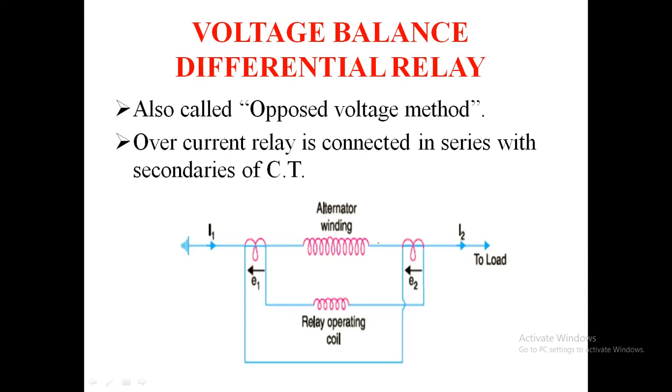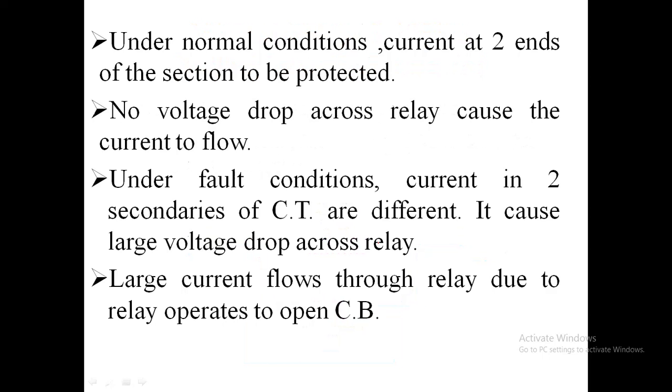Coming to the voltage balance differential relay, it is also called the opposed voltage method. It is connected in series with the secondaries of the current transformers, which are connected at either end of the element to be protected by pilot wires. The secondaries of the current transformers, connected in series, induce EMFs in opposition under normal condition.